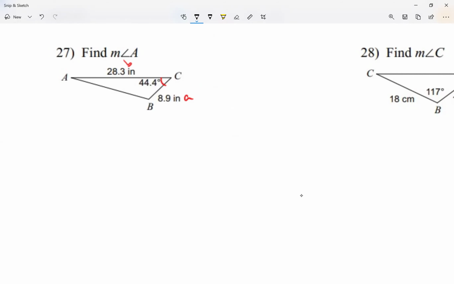That says angle C. Let me refresh you on that formula.